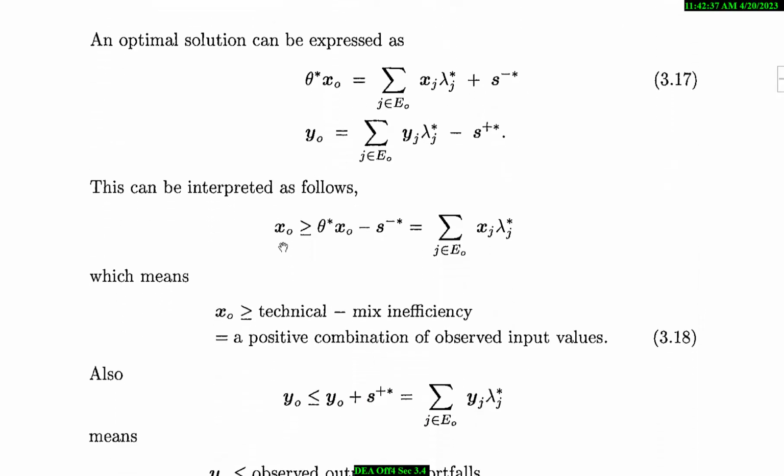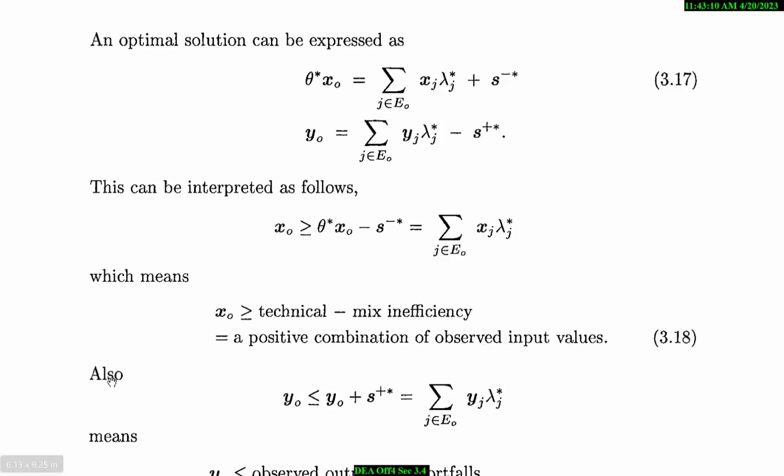This means XO, the input vector of DMUO, is bigger than or equal to this: this is technical, and this is mix inefficiency. So we have technical minus mix inefficiency.